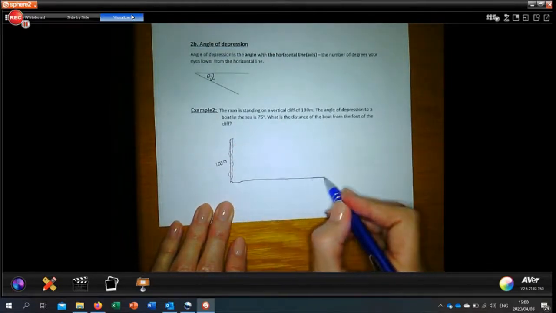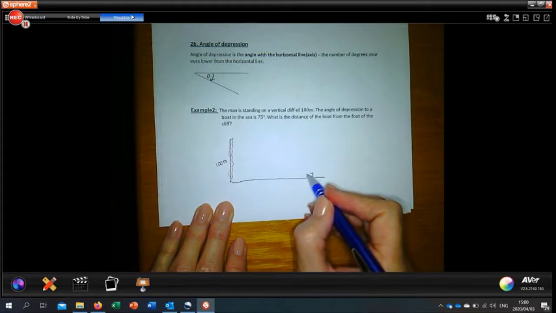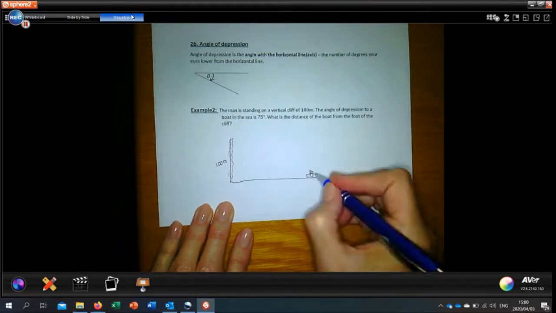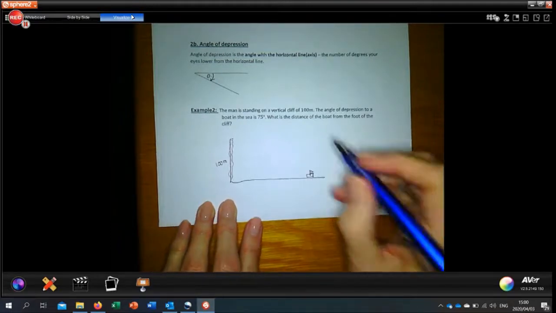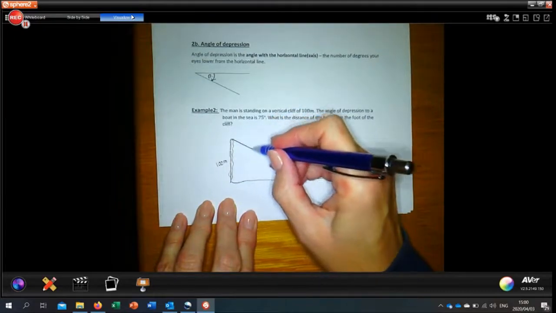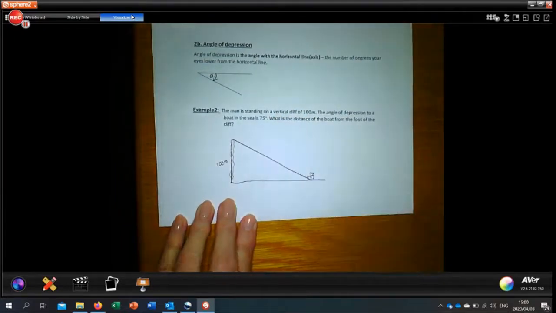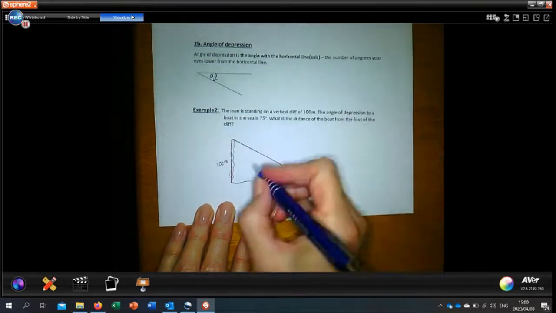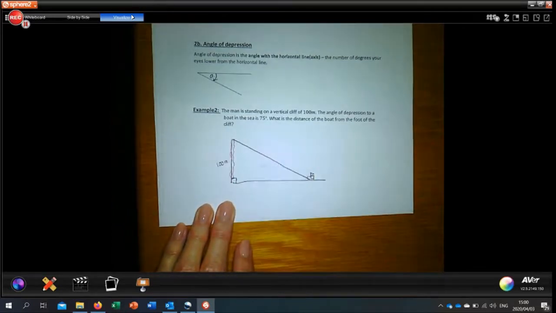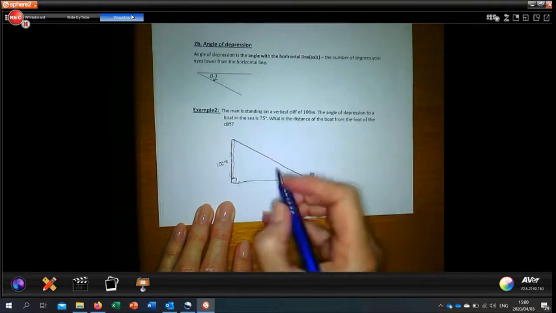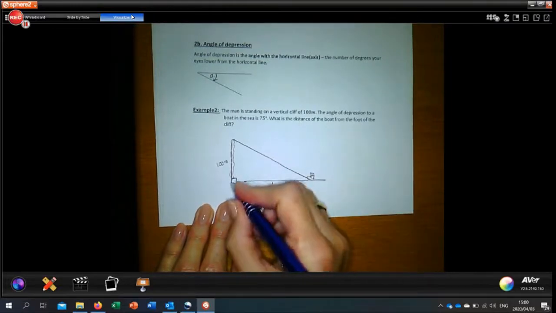So here is my sea and there is my little boat. Thank you for all of you laughing. And I'm looking at this boat. Vertical cliff means 90 degrees. This all is sea. Question is, what is the distance of the boat from the foot of the cliff?